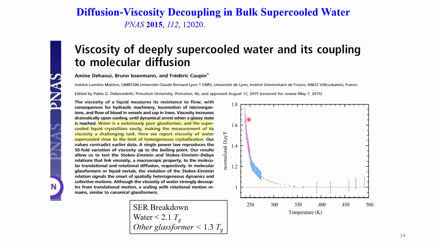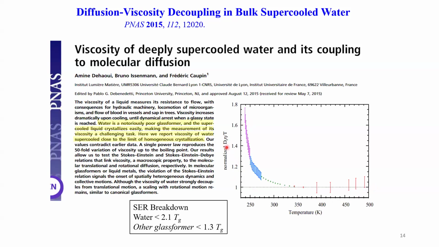But the question comes later, in a 2015 paper by Coppins et al., who published a paper with a wide range of temperatures and checked the validity of the Stokes-Einstein relation directly. Previously it was observed, but it was not a direct validation. Why?